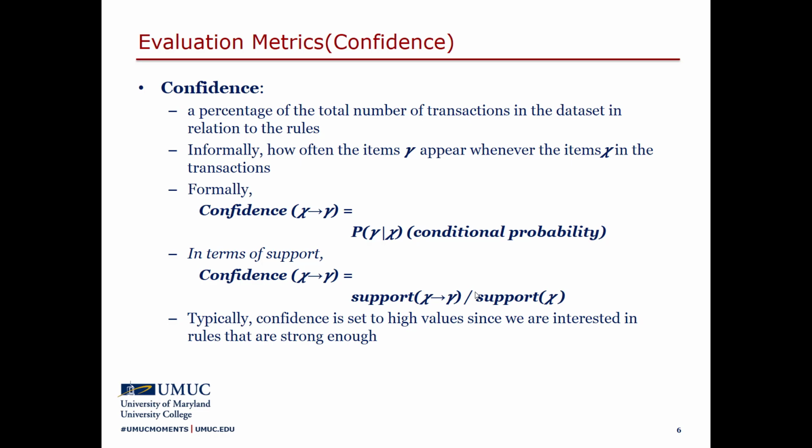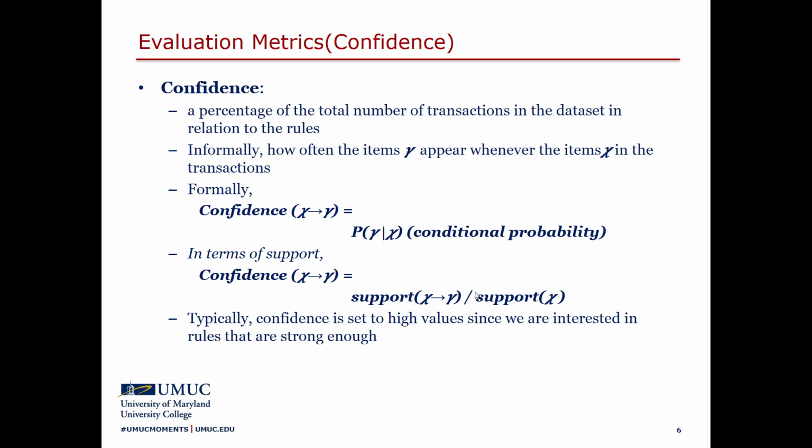Again, the first step is you discover the frequent item sets using a support threshold. Once you discover the frequent item sets, then you extract rules from the already identified frequent item sets. Confidence is a percentage in relation to the rules and the frequent item sets, not to the transactions, because in the process of extracting rules, you don't scan the entire transaction set.